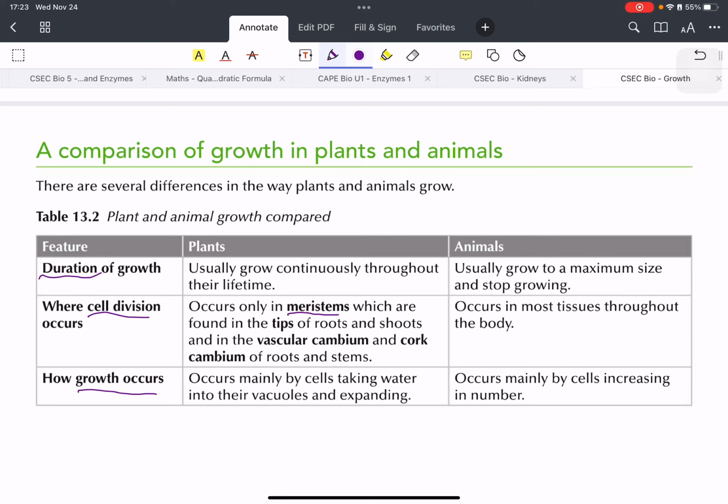Plants only rely on the meristems to grow. However, their regular cells will grow larger via the water, but our animal cells will become more plentiful. Our animal cells won't become larger, but we will have more cells. Plants don't have more cells, they have larger cells. All right, so that is an important differentiation there.